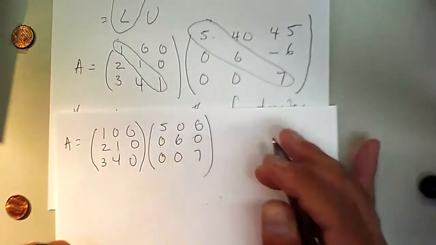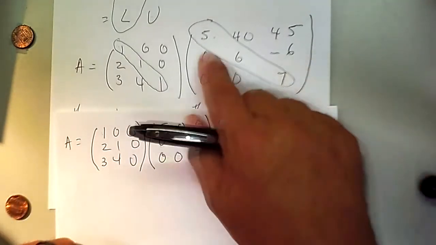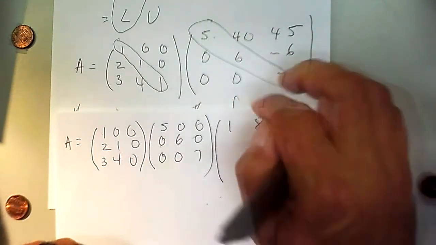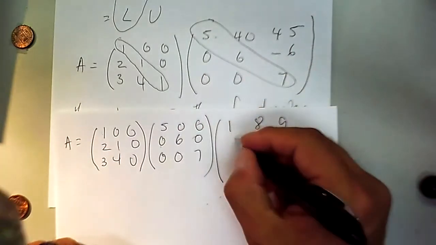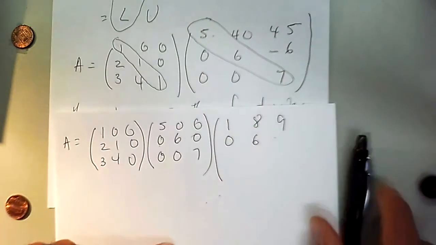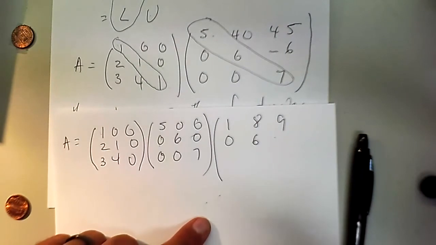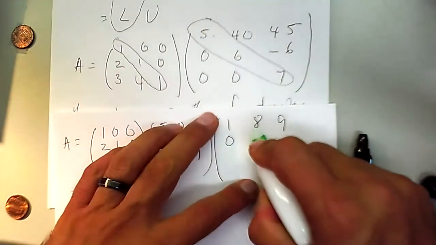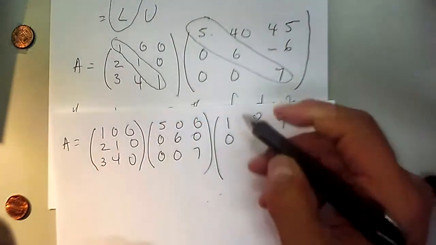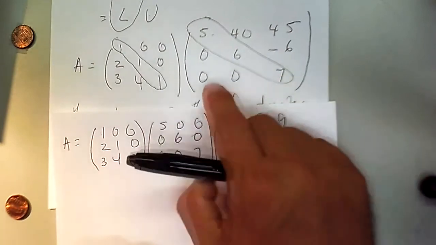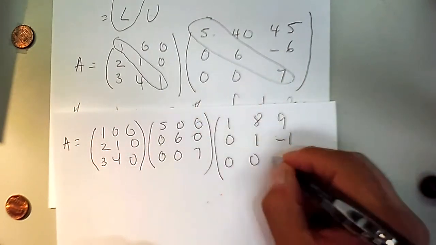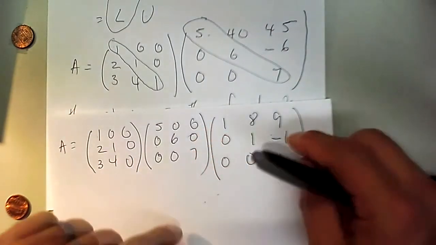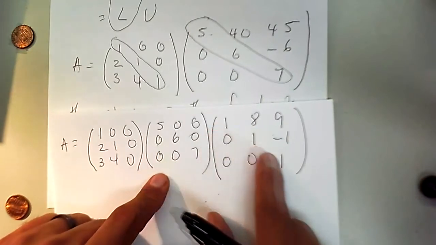That was very silly. And then when we factor 5 out of this, we're going to end up with 1, 8, 9. Factor 6 out of that, 0, 6. Whoa, we just factor 6. I guess that shows that I'm very impulsive, because I can't wait to put the number. So 1, negative 1, and then 0, 0, 1, 0, 0, 1. There. So now we got a perfect diagonal. I mean, by perfect, I mean ones.